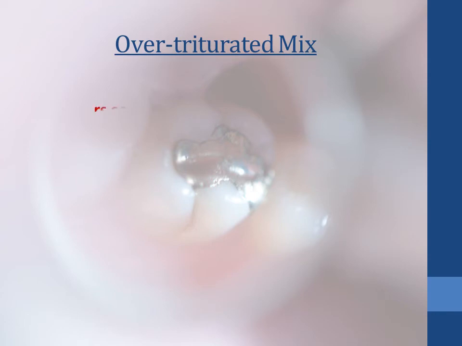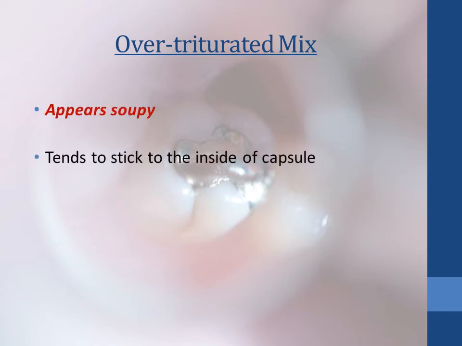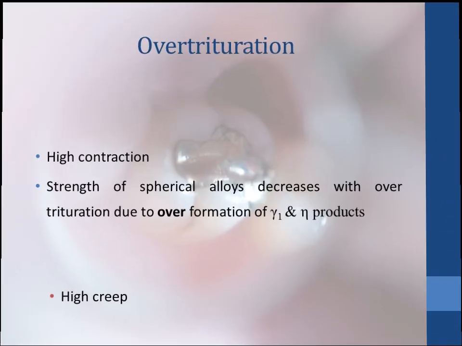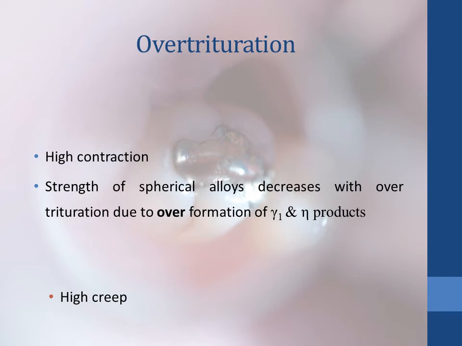Now, an over-triturated mix will appear soupy and fluid, and it tends to stick to the inside of the capsule. Over-trituration leads to high contraction, high creep, and the strength of spherical alloy decreases over time due to overformation of gamma 1 and eta products.